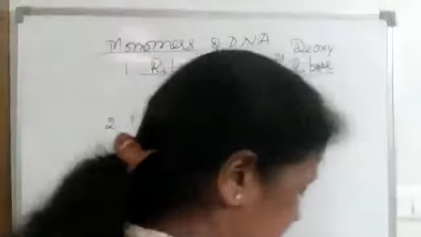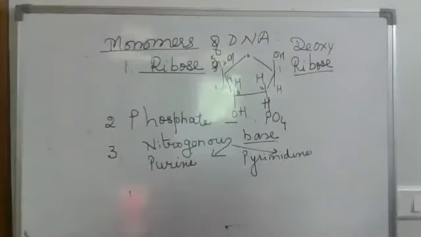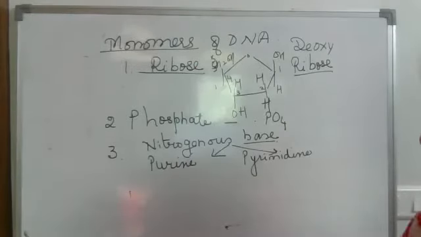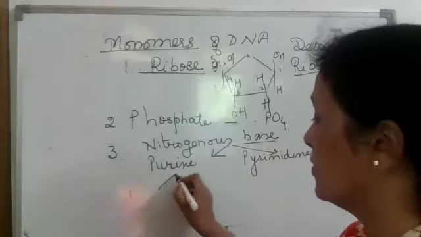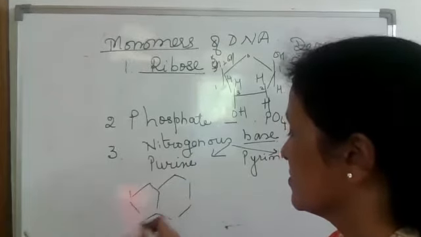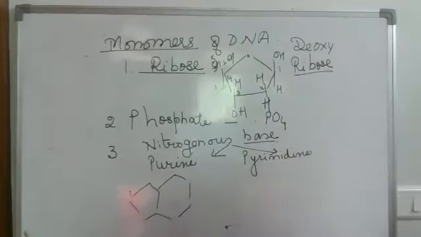Now, what are nitrogenous bases? Nitrogenous bases are heterocyclic rings. Purine always has 2 rings. Their structure is like this.